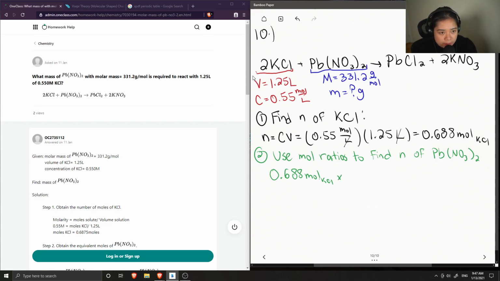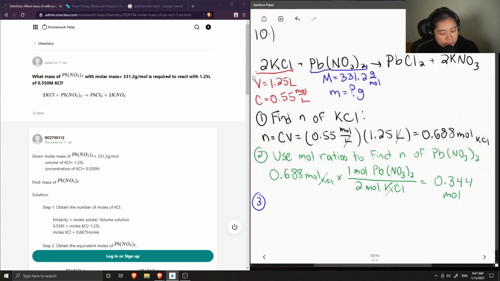So I always put what I'm looking for on the top. So we have 1 mole of lead nitrate that reacts with 2 moles of KCl. So you notice that the KCl moles will cancel out, and we get 0.344 moles of the lead nitrate.